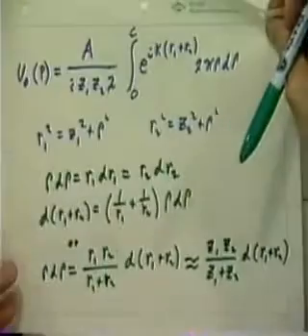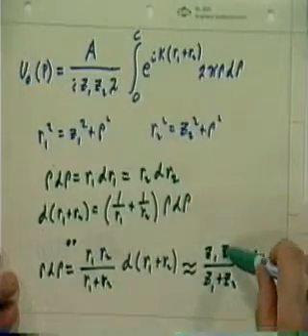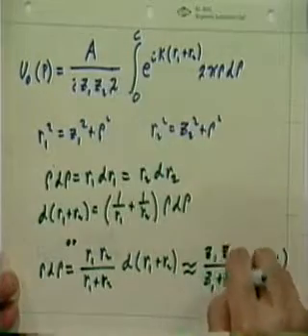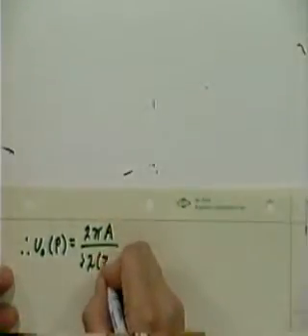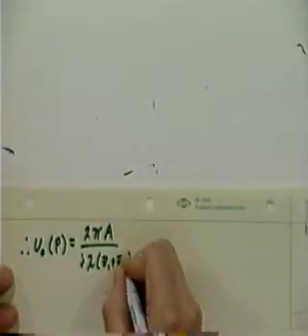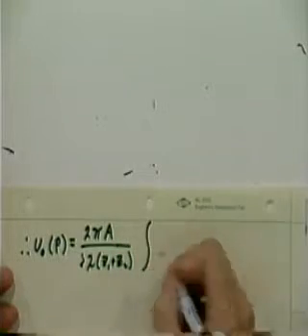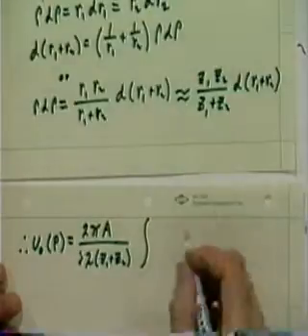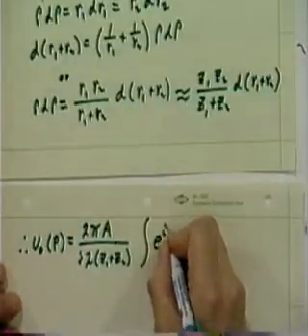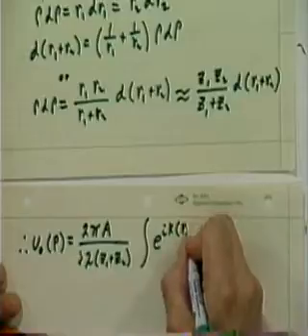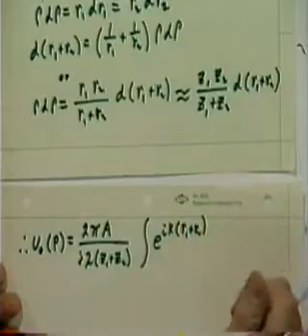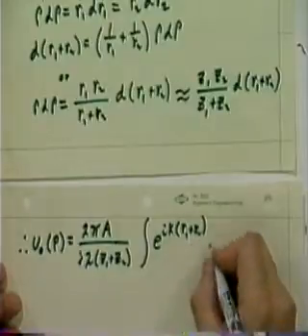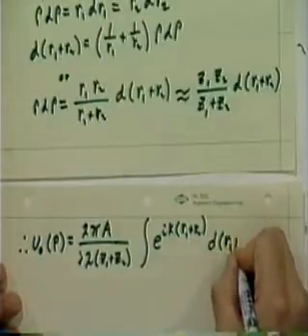Now when we multiply through, the Z1 and Z2 will cancel, and then we get a Z1 plus Z2. So Z1 plus Z2, integral here. I don't know what the limits are right now, but we'll worry about it in a minute. e to the ik(R1 plus R2), and the rho d rho we've replaced with d(R1 plus R2).